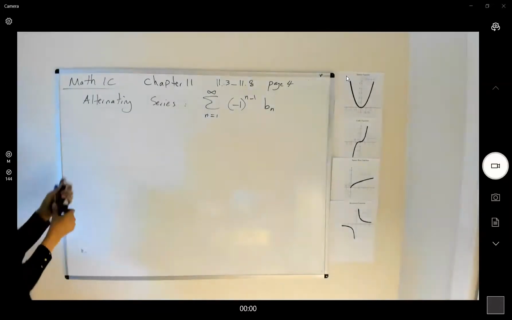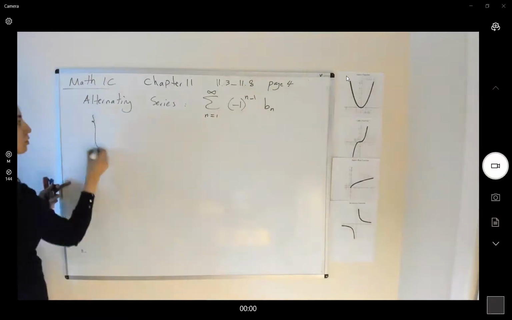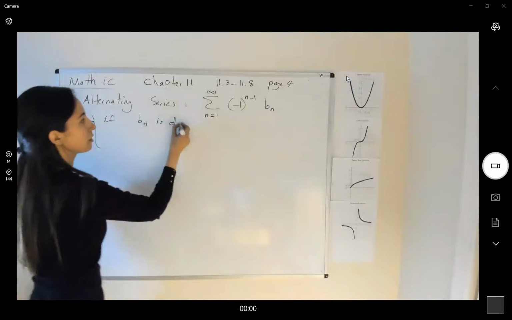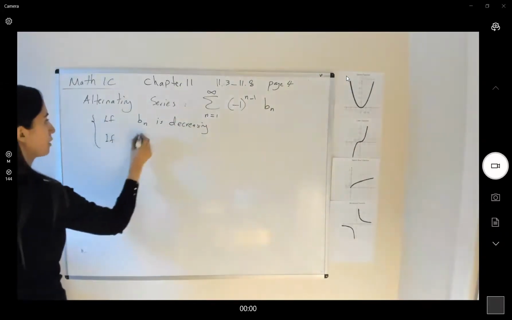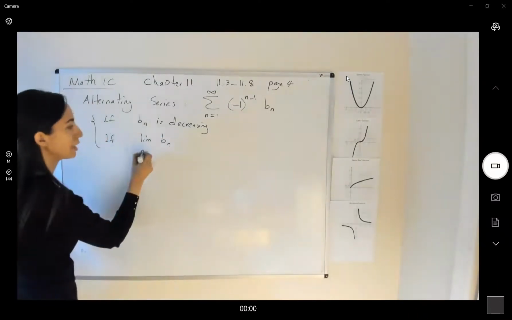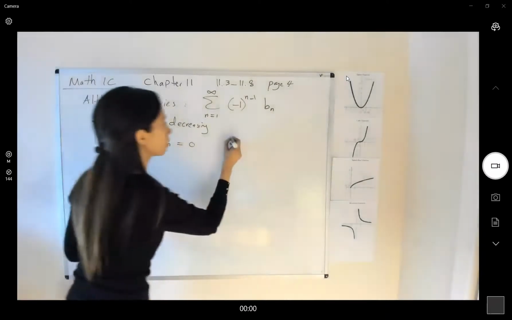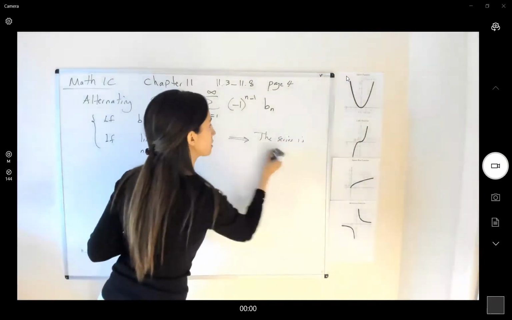If bn is decreasing, and if the limit of bn as n goes to infinity is equal to 0, then you can conclude that the series is convergent.